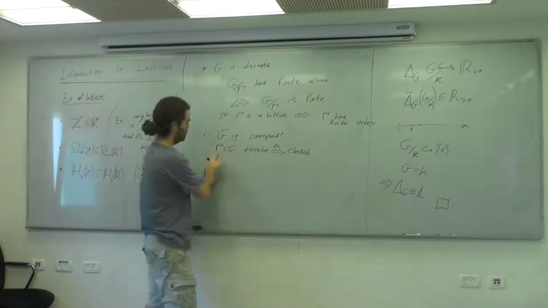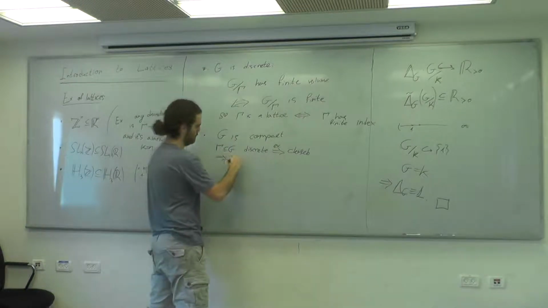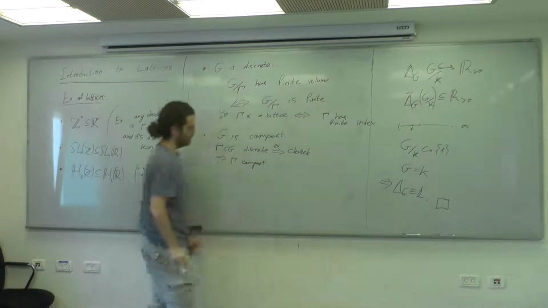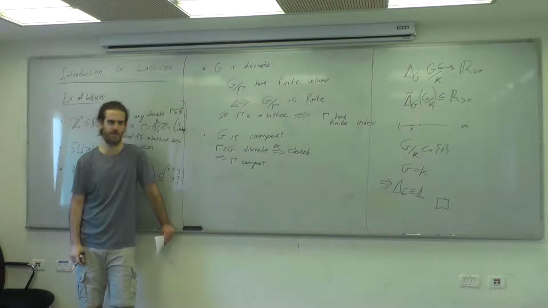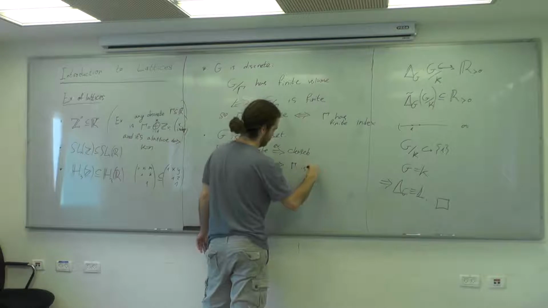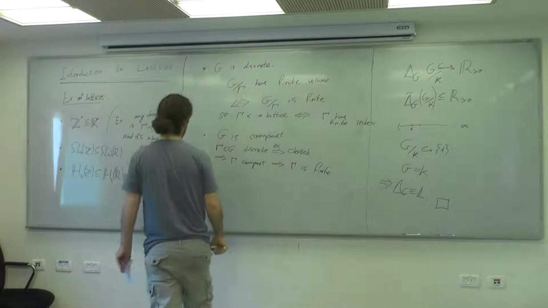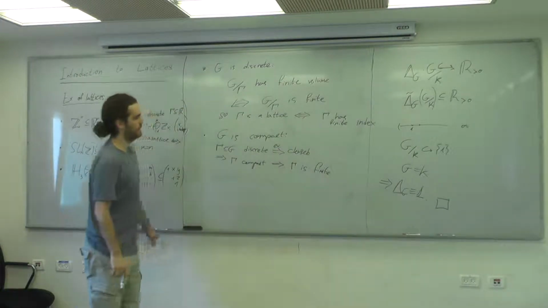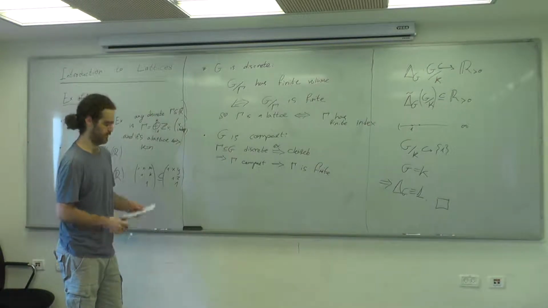And since it's closed in a compact group, gamma is also compact. So it's compact and discrete, so it must be finite. Lattices in compact groups are precisely the finite subgroups.